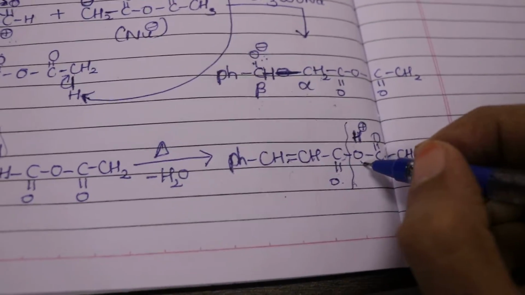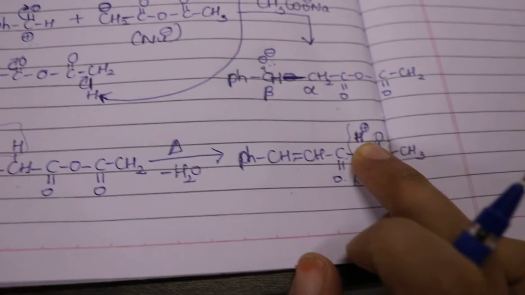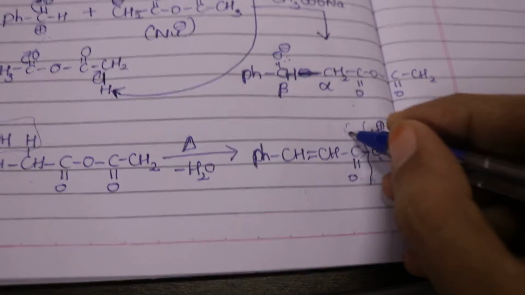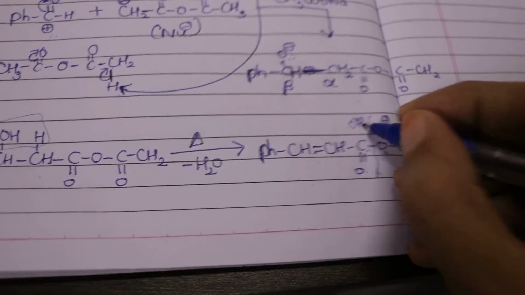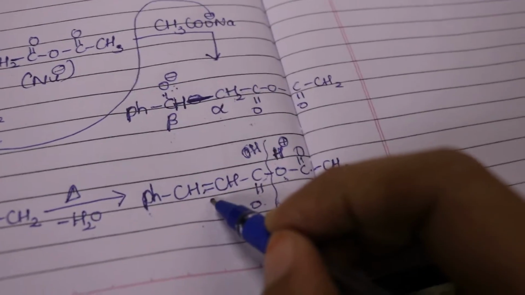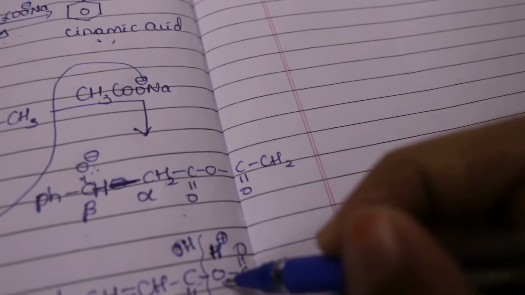Because oxygen is more electronegative, it gets the hydrogen, and carbon is less electronegative, hence it gets the OH minus ion. Okay, to form cinnamic acid, how? PhCH double bond CHCOOH, cinnamic acid, plus acetic acid, that is CH3COOH.